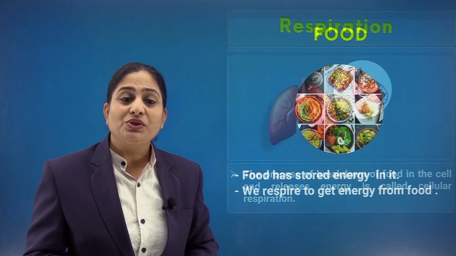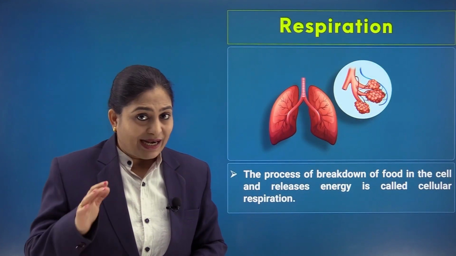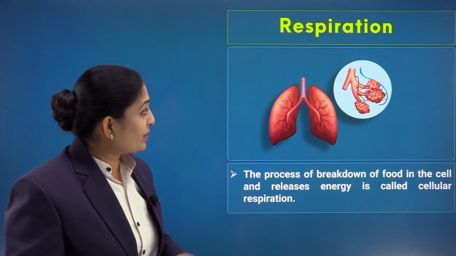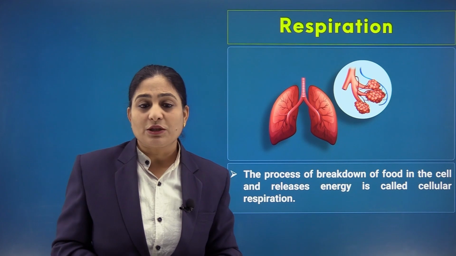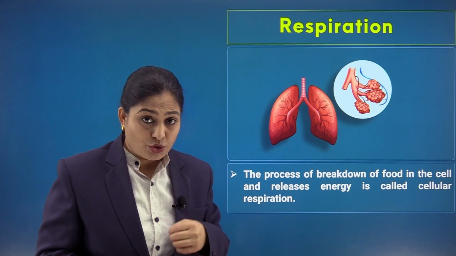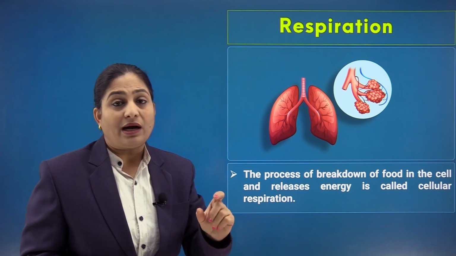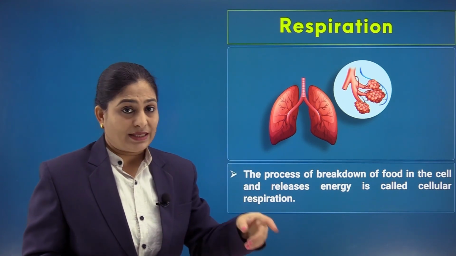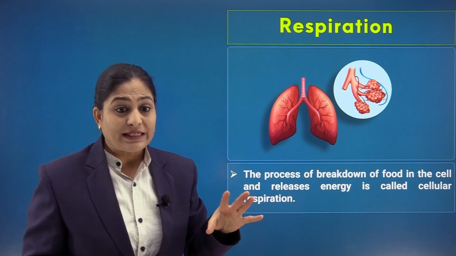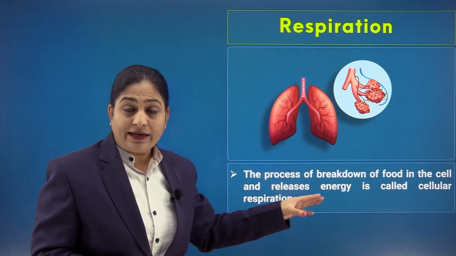Here we are going to discuss the process. What is respiration? The food that we consume breaks down into smaller substances in the cell. So the breakdown of food takes place in the cell and it releases energy.